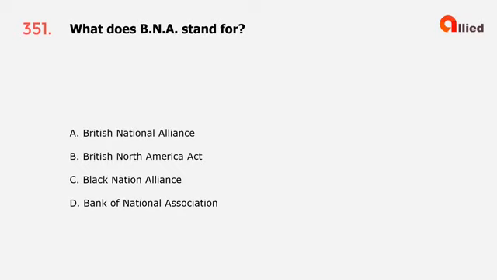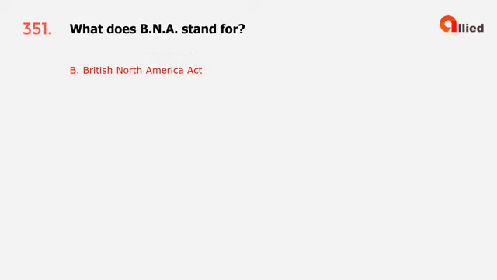Question 351. What does BNA stand for? A. British National Alliance. B. British North America Act. C. Black Nation Alliance. D. Bank of National Association. The answer is B. British North America Act.